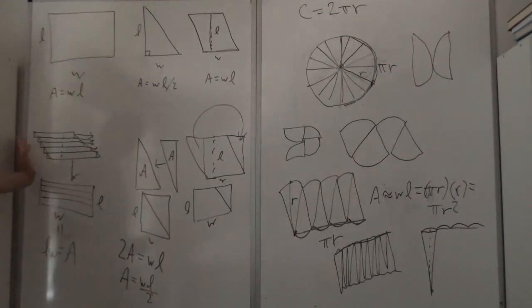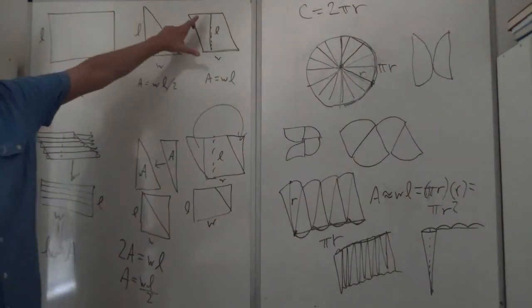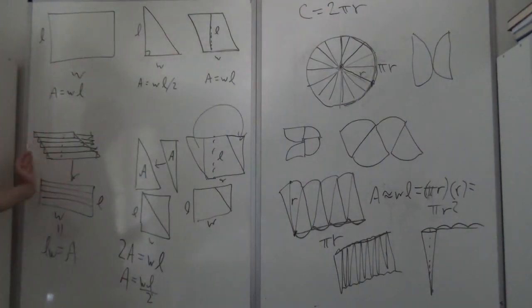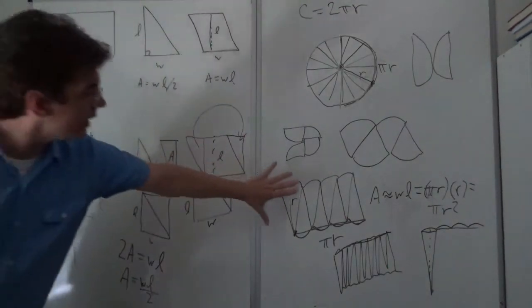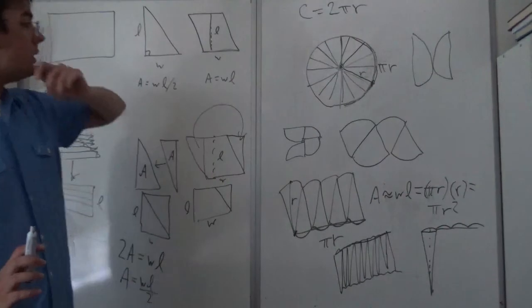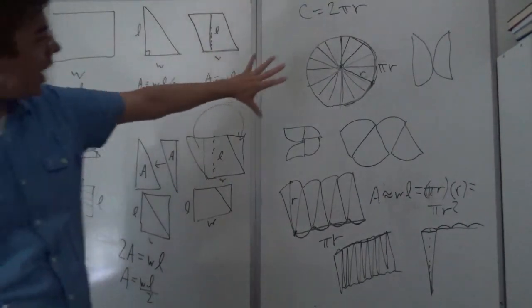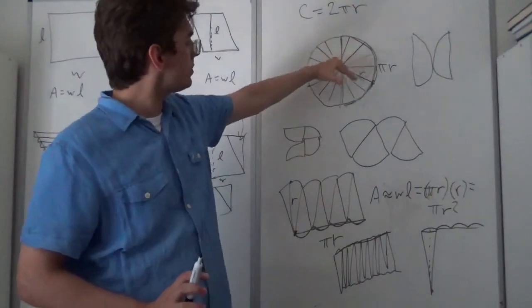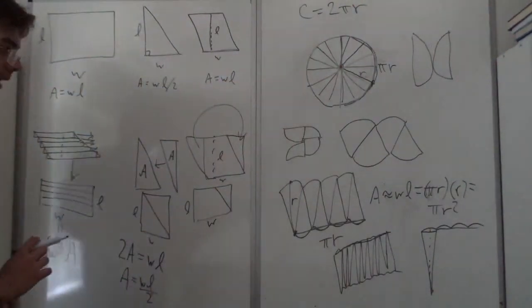So this was an idea used on parallelograms before, and we're using the same kind of idea here of, let's just cut up this shape more and more. Let's make smaller and smaller edges here.